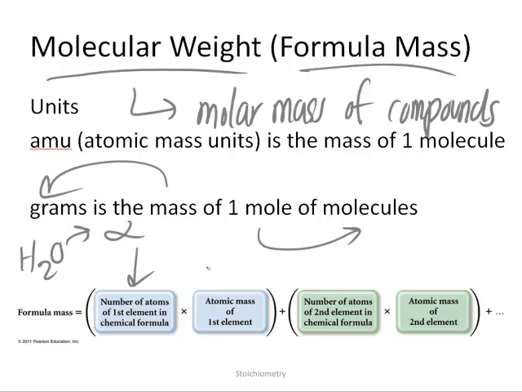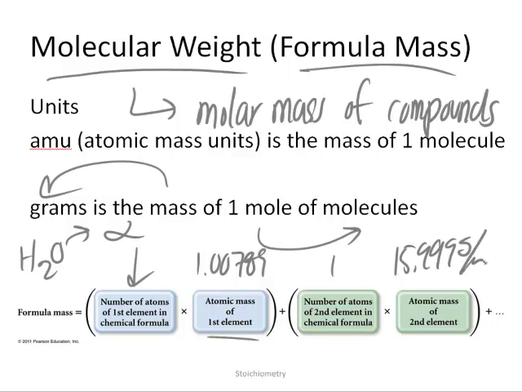We're going to multiply it by its atomic mass for the first element. So that's 1.00789 grams per mole for hydrogen. And then, of course, 1 times 15.999 grams per mole for oxygen. And that will give us around 18 grams per mole for water.